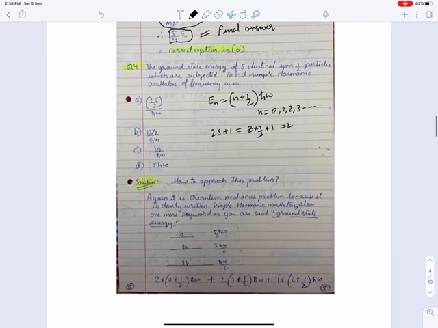So we start with n equal to 0, because, remember, it is a harmonic oscillator.